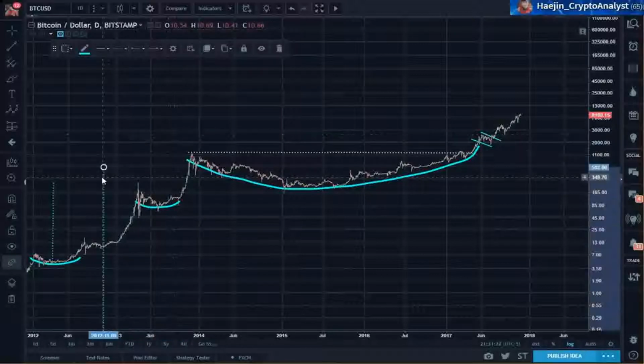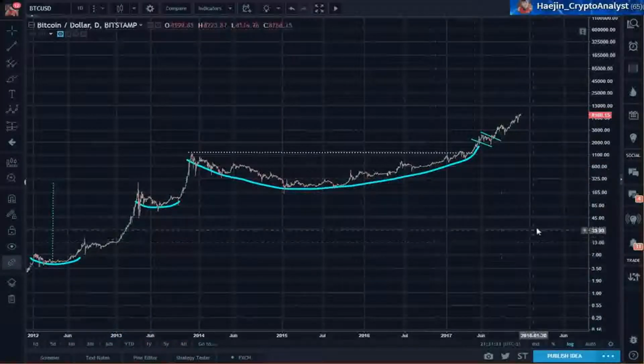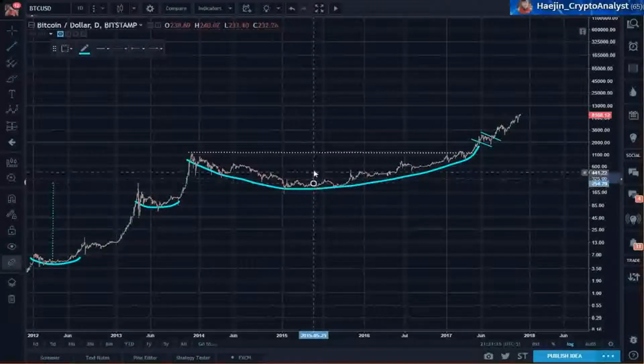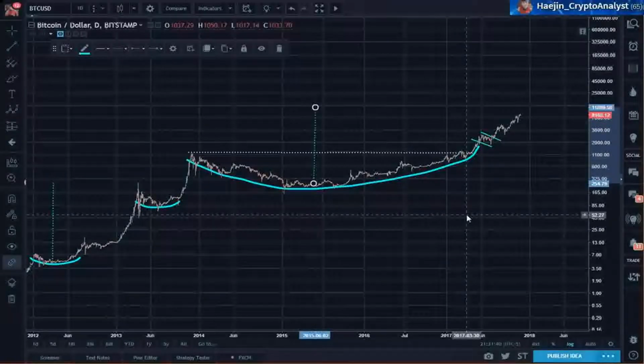You know what? It's logarithmic. I forgot. It'll shrink automatically. Approximately.